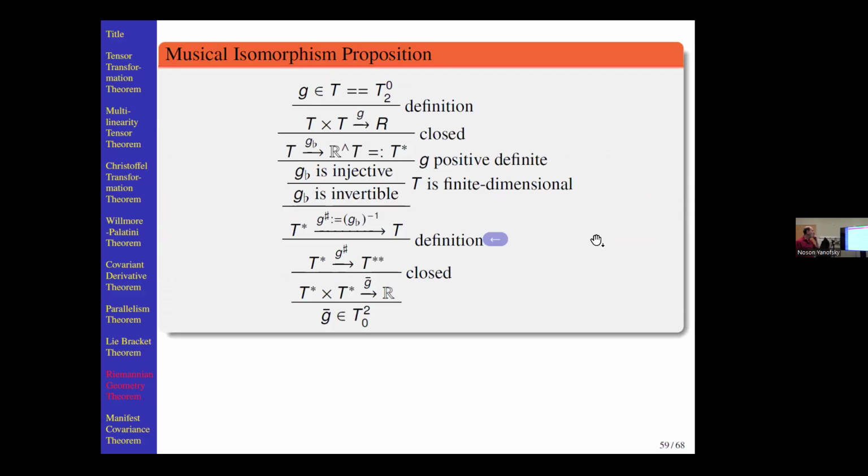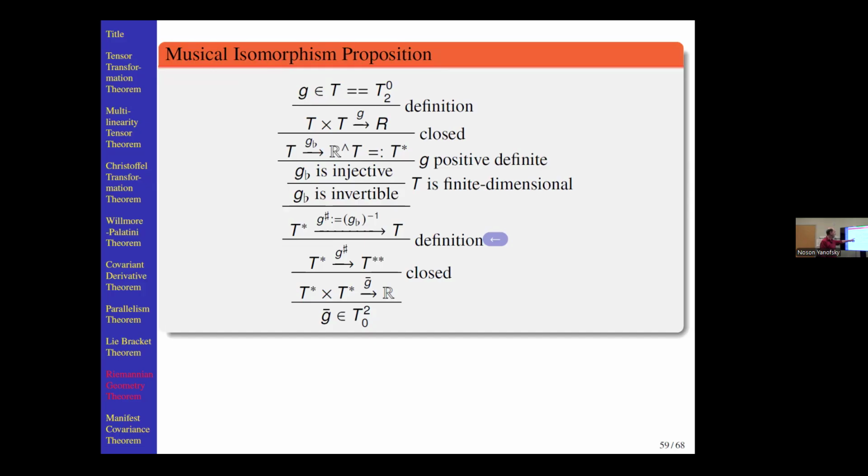And so they use sharps and flats to define linear isomorphisms that are dependent upon the metric. And so here's a proof of how you get the sharps and the flats.